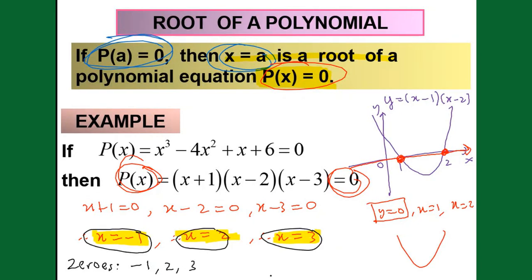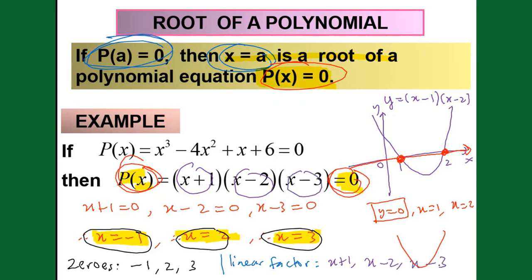Zeros. Root. Ni, root kena ada ni. When Px is equal to 0. Itu root. Kalau saya tanya, what is the linear factor of Px? Linear factor dia ni, X plus 1, X minus 2, X minus 3.